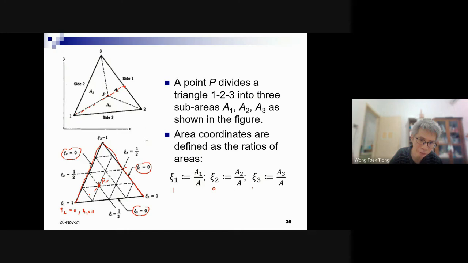So this point has the coordinate C1 equal to 1/2. How about C2? We draw the parallel line to this one, and we see that this is C2 equals 1, but this is C2 maybe a quarter, right? This is 3/4, so this is 1/4. How about C3?